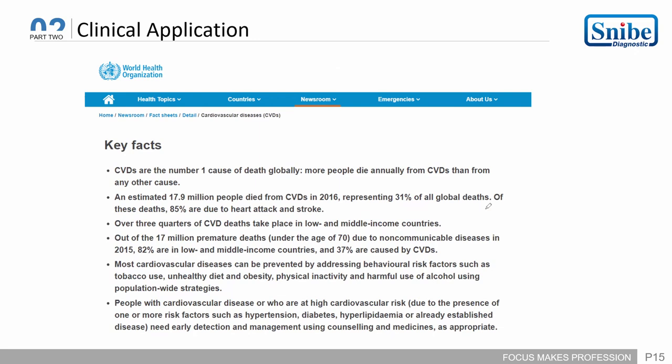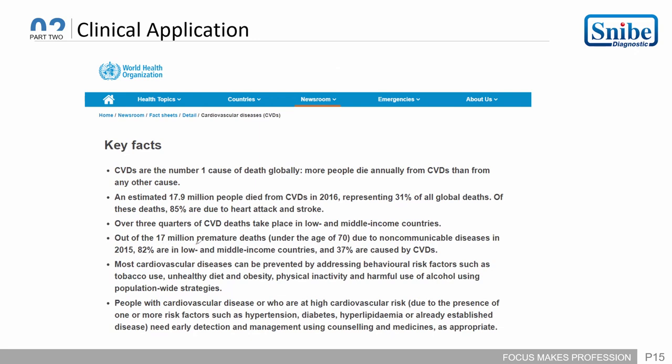Of these deaths, 85% are due to heart attack and stroke. Over three quarters of cardiovascular disease deaths take place in low and middle income countries, which is also an indication that people in middle income countries are not health conscious in terms of monitoring their health issues.